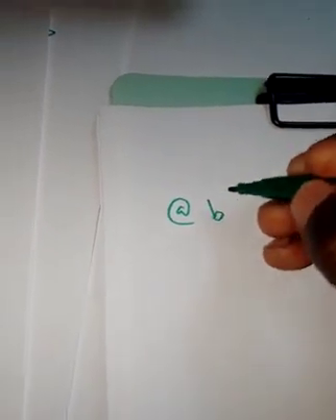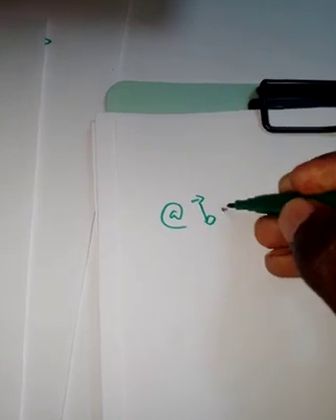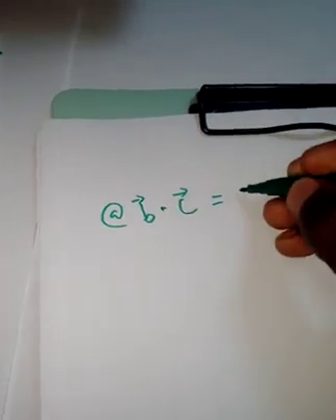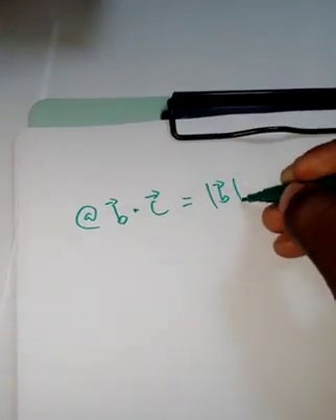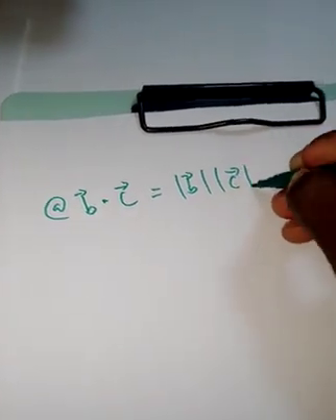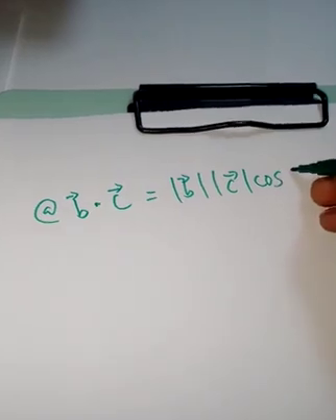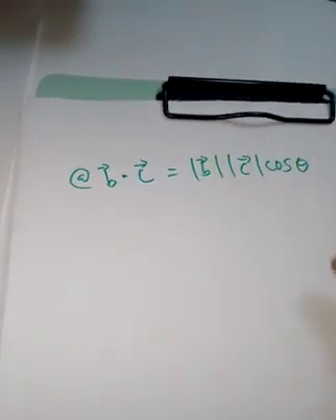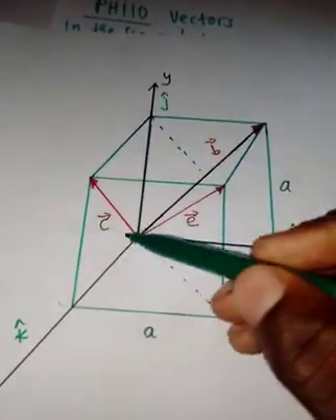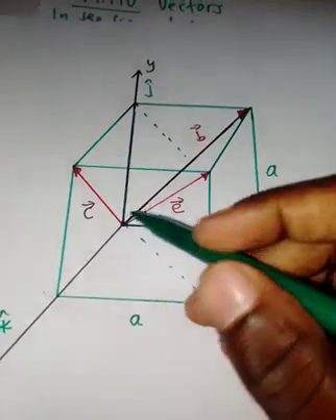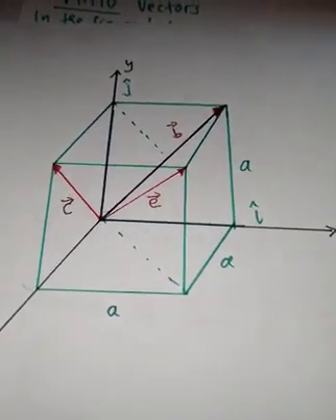So we should find the vector B dot C. So we know that by definition this is actually magnitude of B, magnitude of C, then cosine of the angle between B and C. Now in this case, if we check B and C there, do we know the angle in between? Of course we don't, but what can we do?